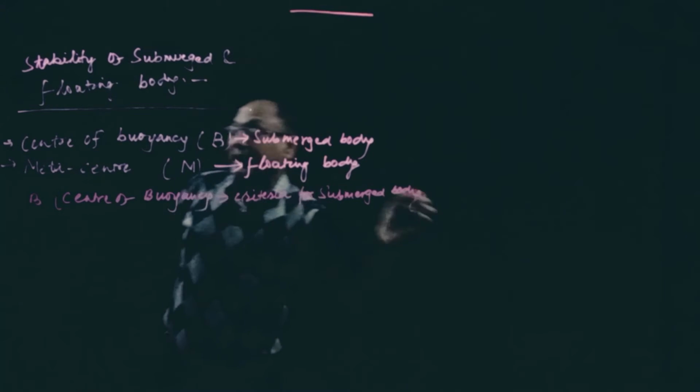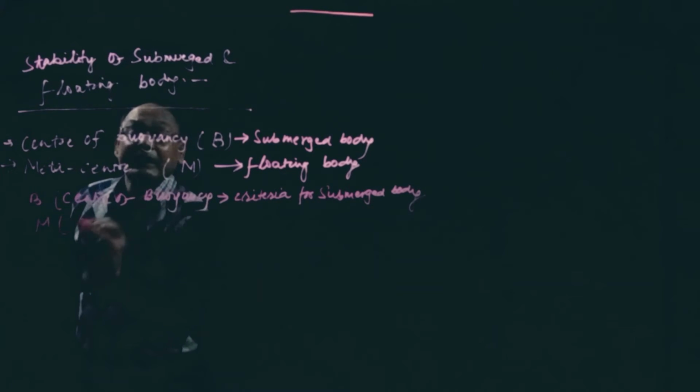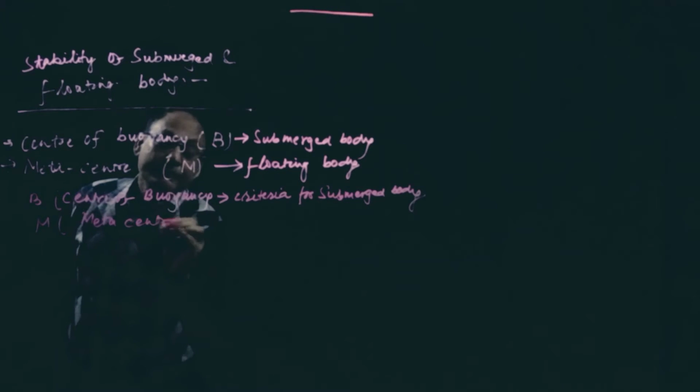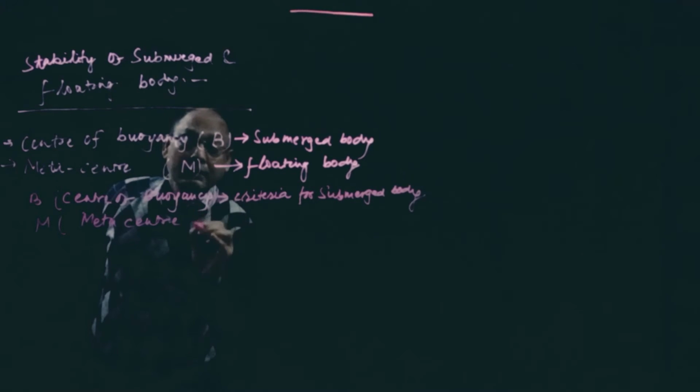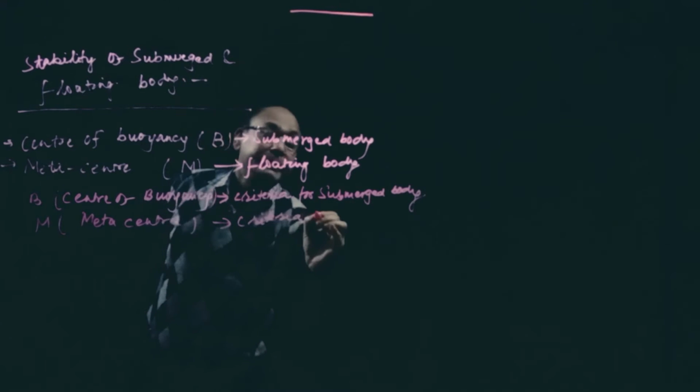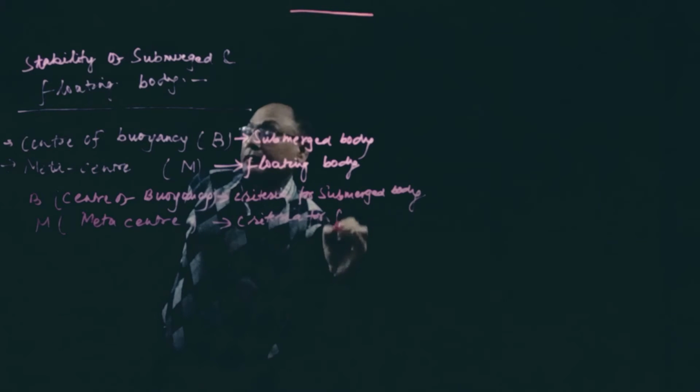In a similar way, M means metacenter. Metacenter is the criteria to find the stability for floating body.